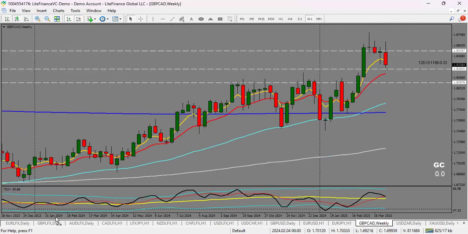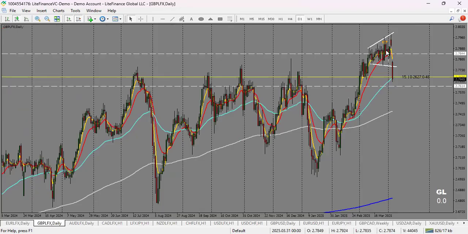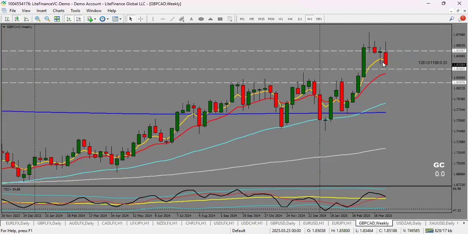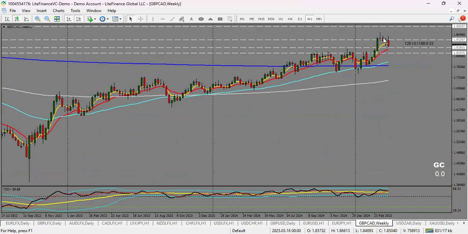And if you look at the pound index, it has broken this triangle structure, and you can see it is falling. That's why Pound CAD is also falling.